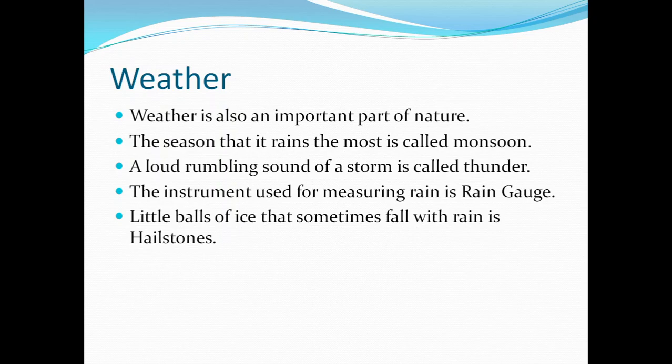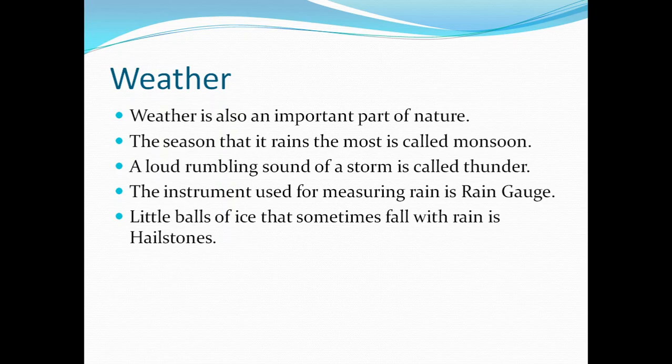Again, a small revision. What is nature? Plants, trees, right? Different landforms like mountains and rivers, they all are parts of nature. We have seen about trees and the parts of a plant also, right? This is a flower, root.